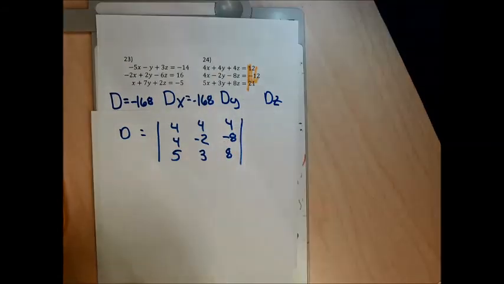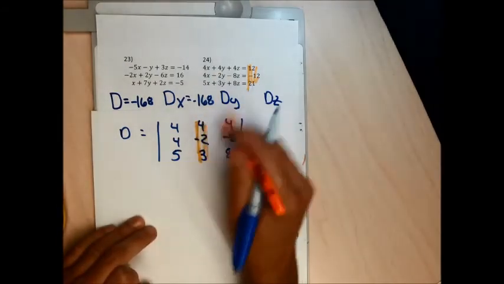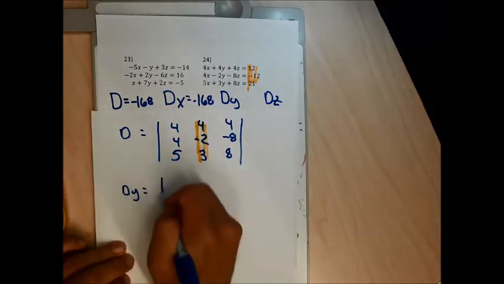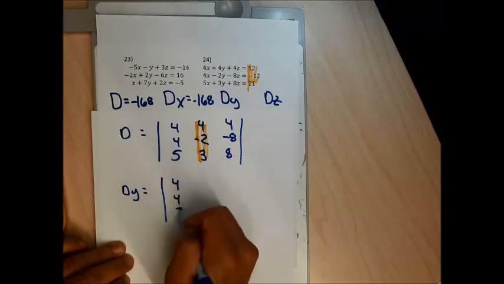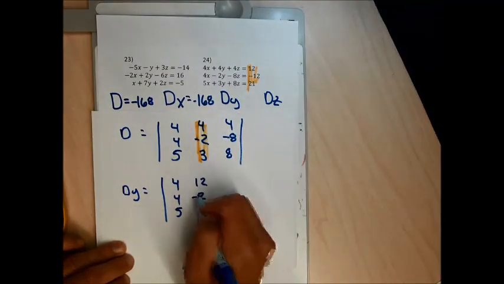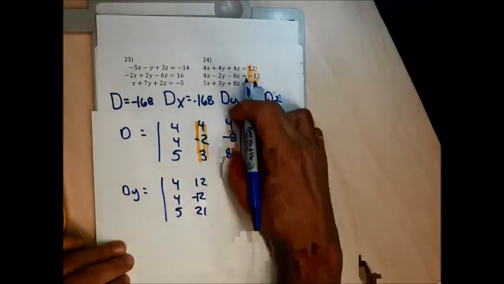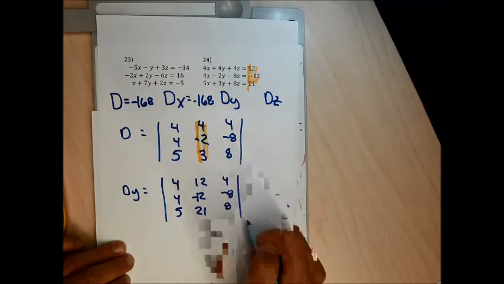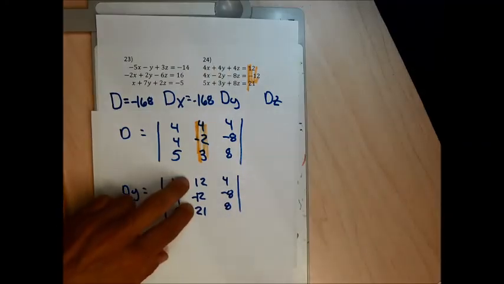And I need to change the y column to that equal column. So when I go to do D sub y, the first column is going to stay 4, 4, 5. The second column is going to become 12, negative 12, 21. The last column is going to stay 4, negative 8, and 8. So I'm just changing the y column to the equal column.